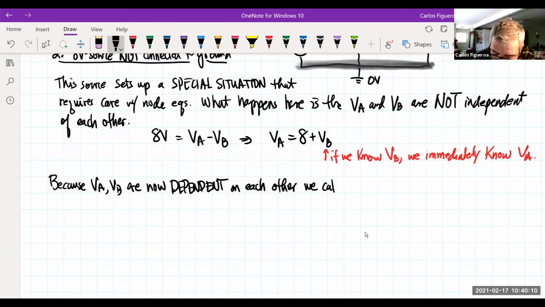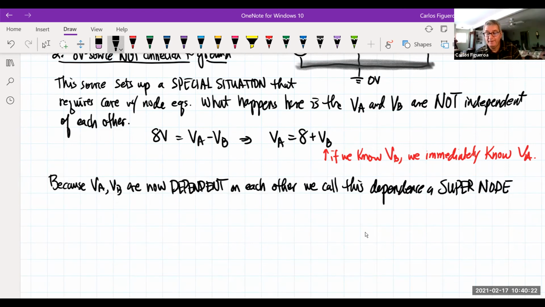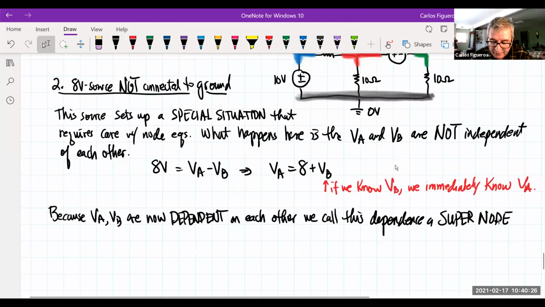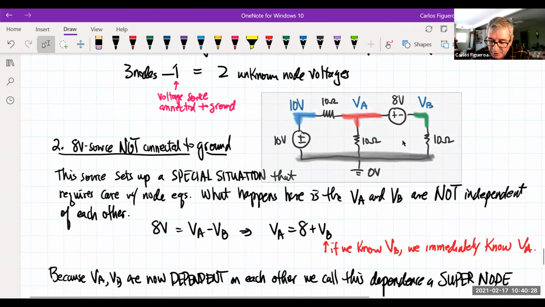we call this dependency a super node. And so the way we draw this guy to indicate a super node is that we do the following thing here.